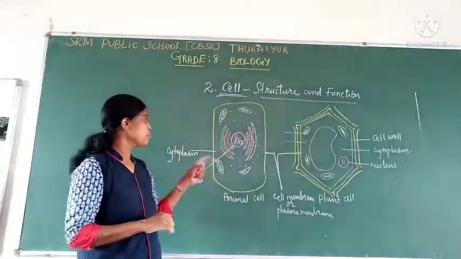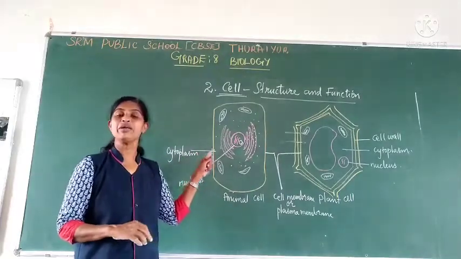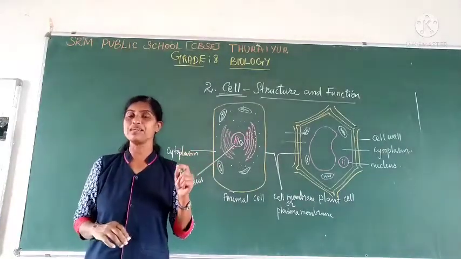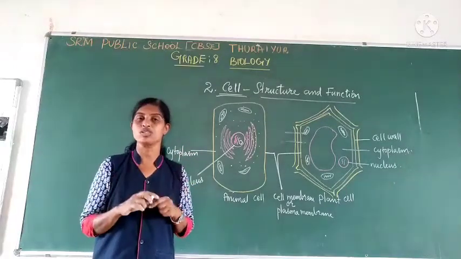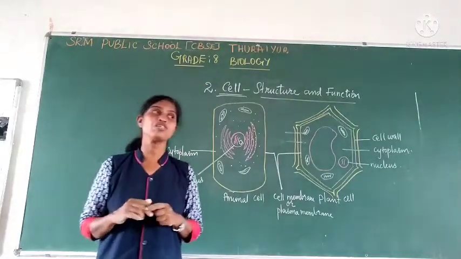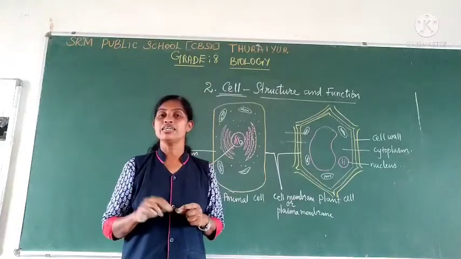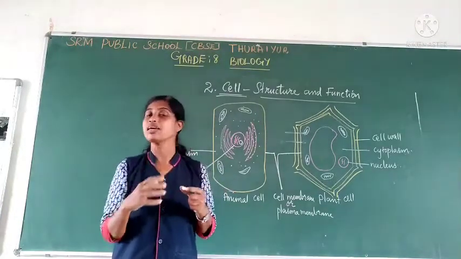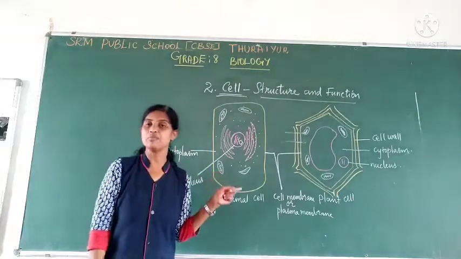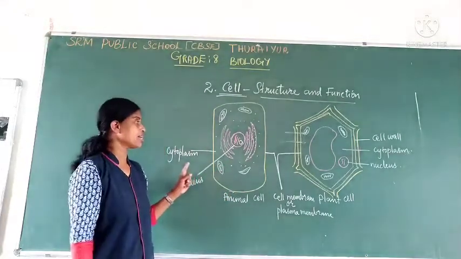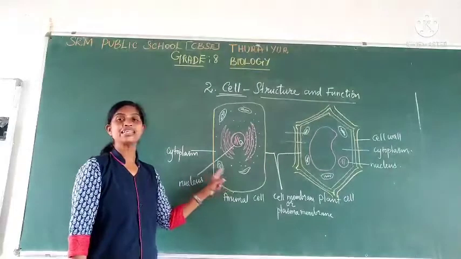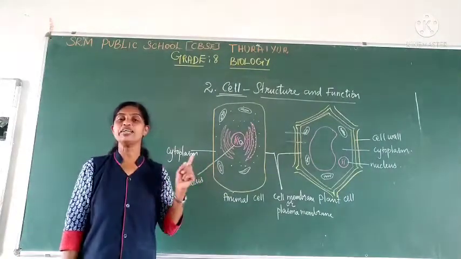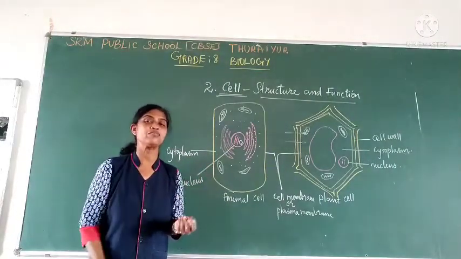Now, the plasma membrane or cell membrane is semi-permeable. That means it contains small holes. What is the function of these holes? They allow only some substances to move across the membrane. That is why it is called a semi-permeable membrane. And then inside is the cytoplasm. What is the function of the cytoplasm?